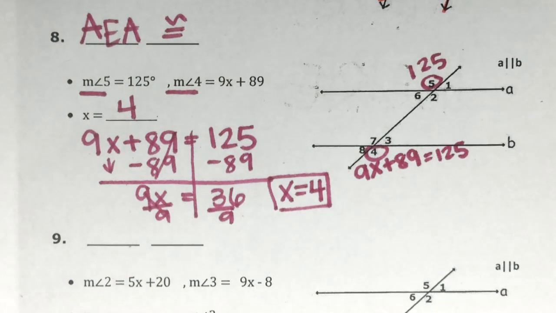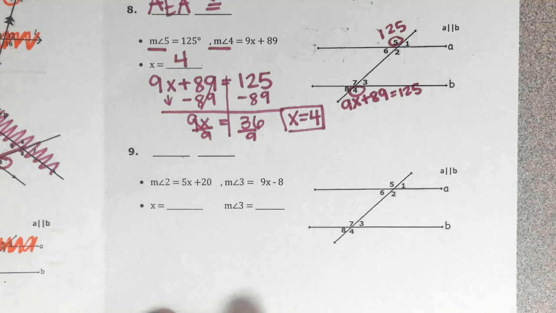If they're congruent, just set them equal and solve. Those ones are easier. They're easier than the next one. If they're congruent, you just make an equal sign in between them and solve it out. The next one's a little bit more difficult.